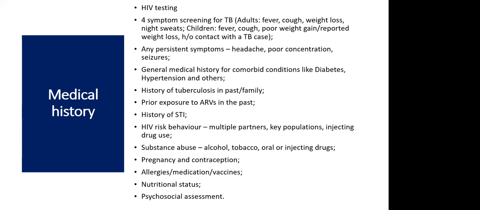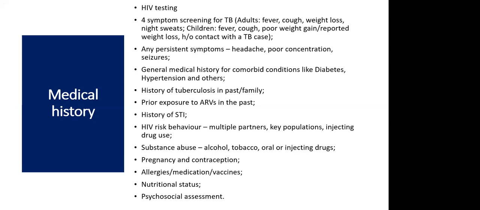HIV risk behavior, like having multiple partners with unprotected sex, or that the person belongs to the key populations, whether injection drug users, MSM, TG, truckers, migrants, and female sex workers, all we need to look into.